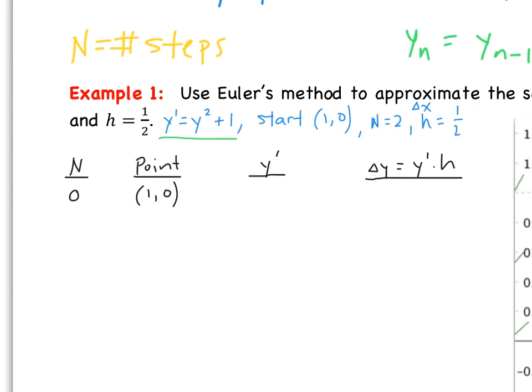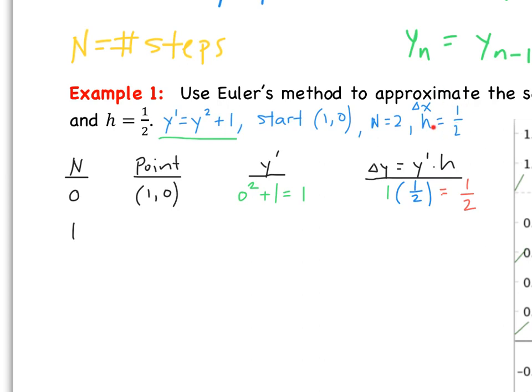There is no x, so we plug in 0 squared plus 1, and we get 1. Then to get our delta y, we take that y prime and multiply it by our h value, which is 1/2, and we get 1/2.